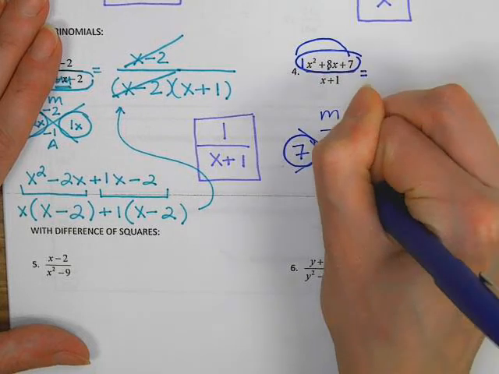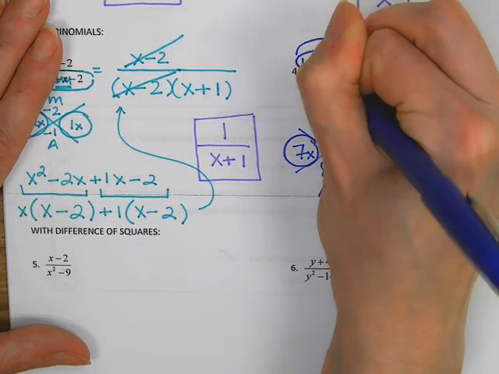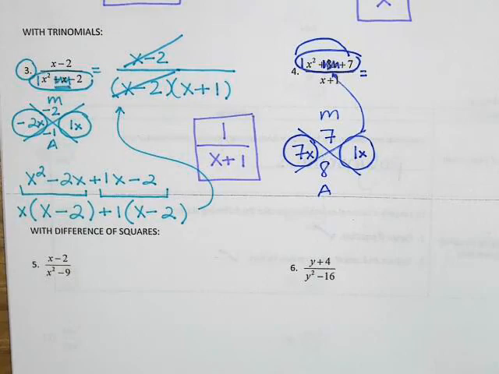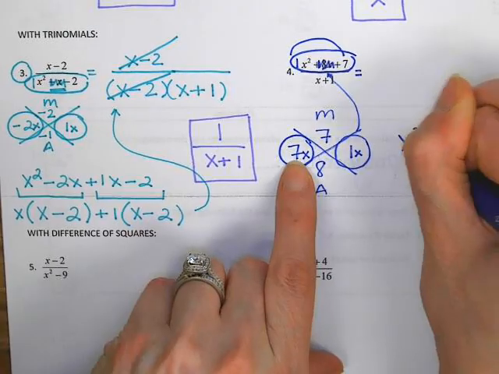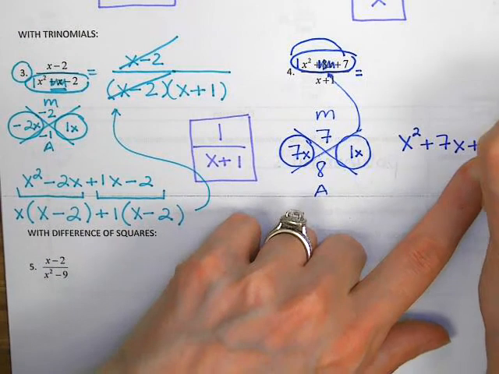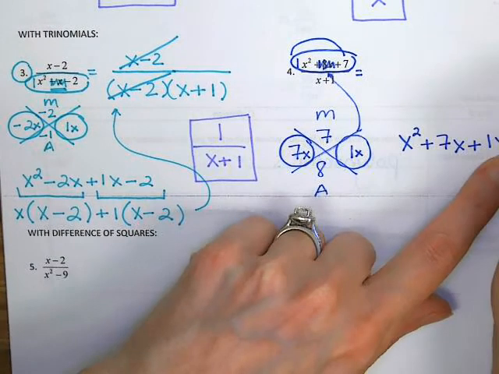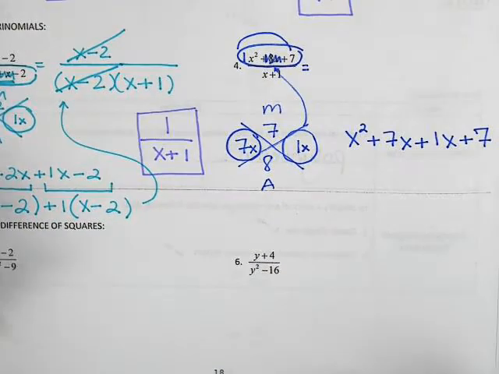All right, and don't forget we have to give them both x's, and we're going to plug them in to the middle term. Okay, so it's x squared plus 7x plus 1x plus 7. You know, I probably should have switched the order here, but it doesn't matter.